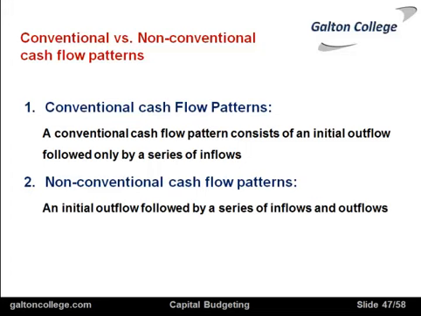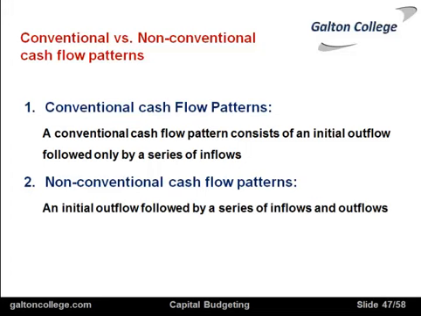Conventional cash flow patterns, well, these are just the cash flow that you would see in a cash flow statement. They are the normal run-of-the-mill, perhaps cyclical or seasonal cash flows that the business would expect.